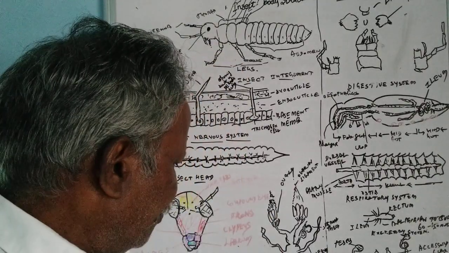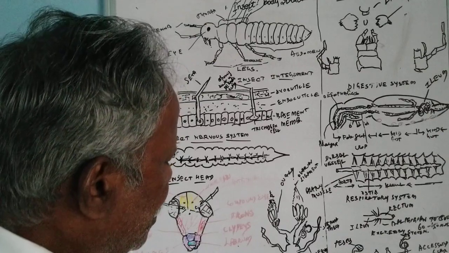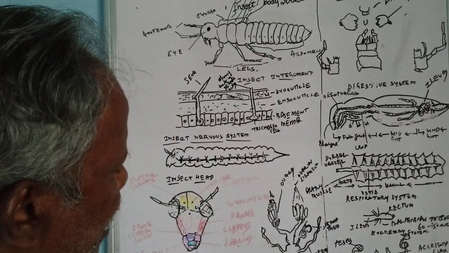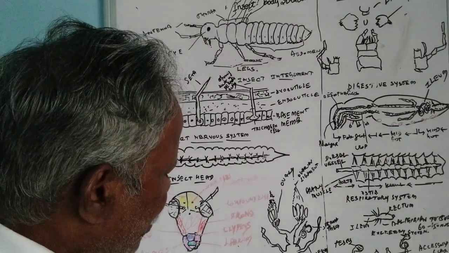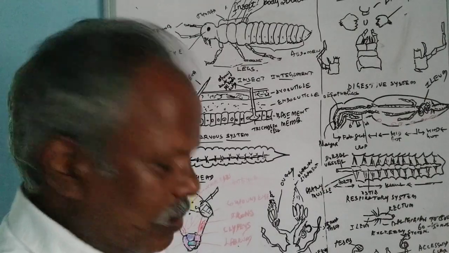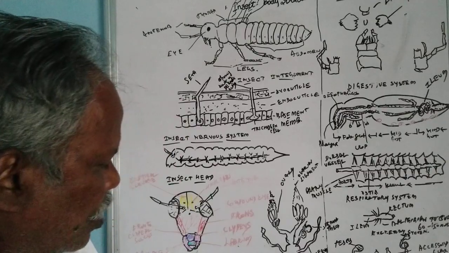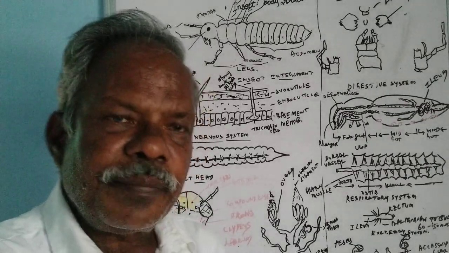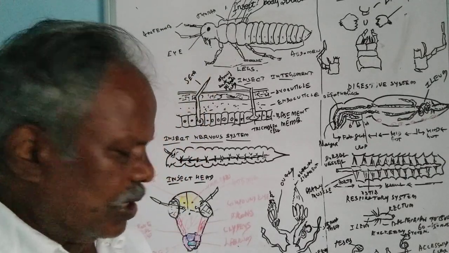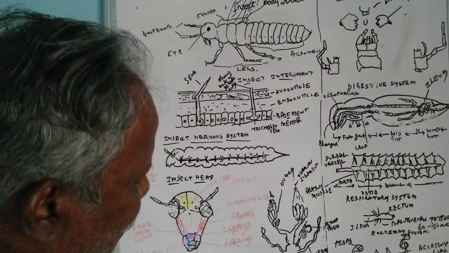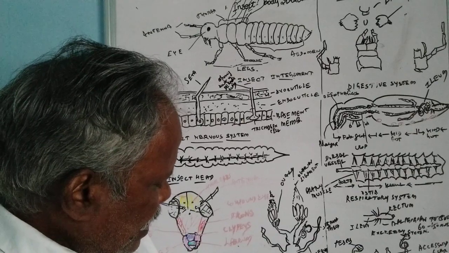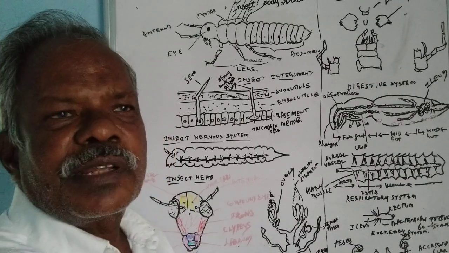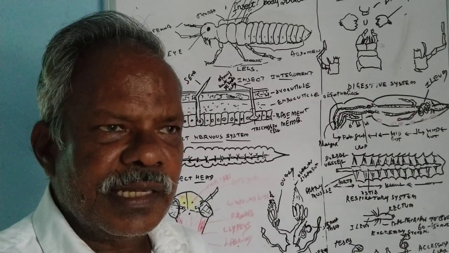There are 3 types of ovary: panoistic ovariole, and then telotrophic ovariole, and then meroistic ovariole. So 3 types of ovarioles are there.